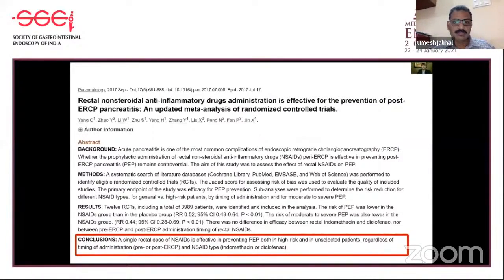It's an updated meta-analysis of controlled trials, and it shows a single dose of rectal NSAIDs is effective in preventing post-ERCP pancreatitis, both in high-risk and unselected patients, regardless of the timing, whether you give it before or during the procedure or after the procedure, or whichever is available, either rectal diclofenac or indomethacin.